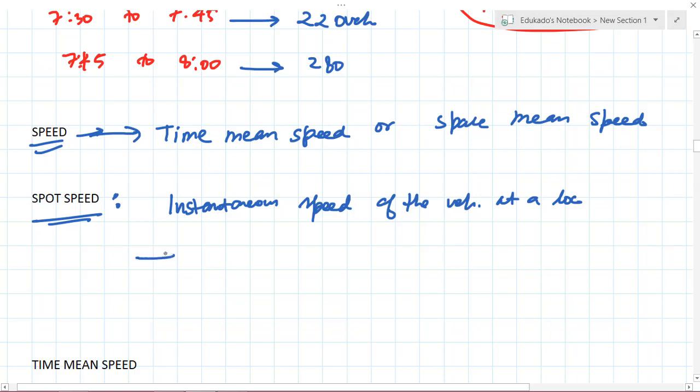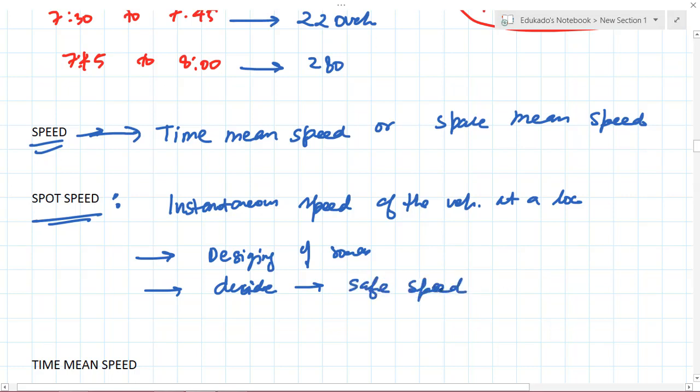So why do we need this? We need it for the geometric design of roads, and to decide what will be the safe speed limit. The safe speed limit is determined using the spot speed, and also the location of speed limit and signs.